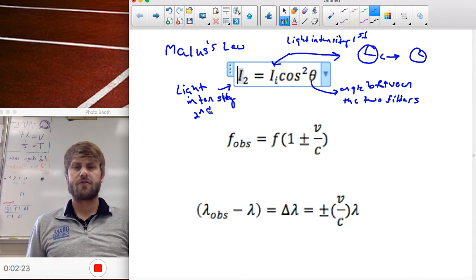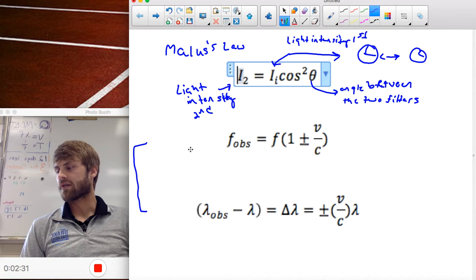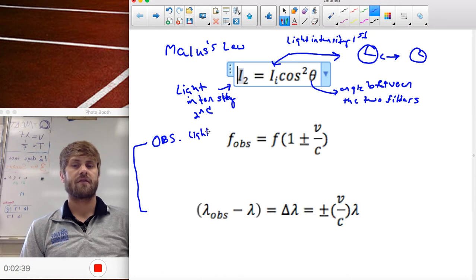The other two are basically variations of our Doppler effect we had earlier. So this is talking about observed light frequency. So I'll abbreviate that, OBS, light frequency. You can see that that is what we have over here.